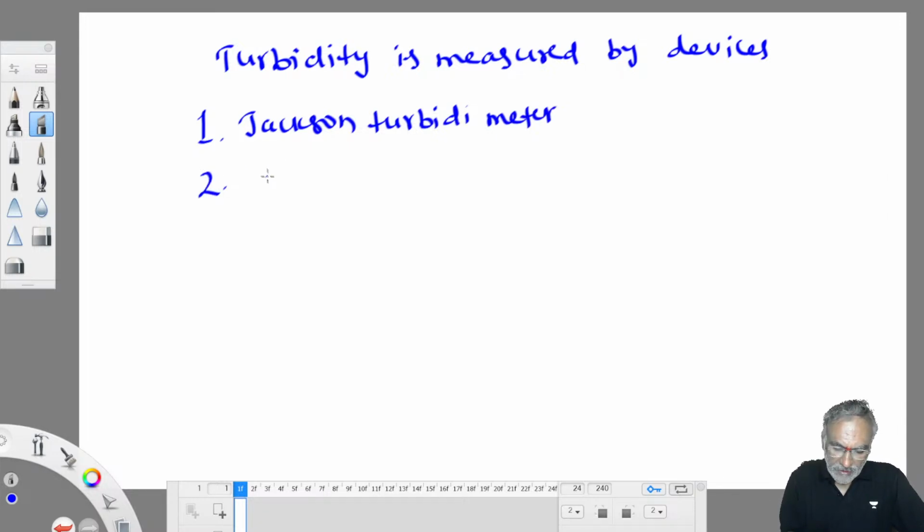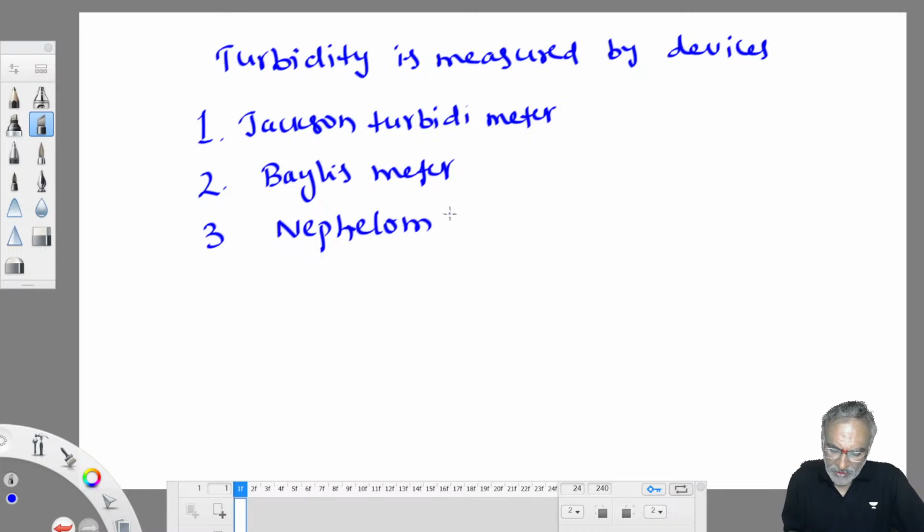Then Bailey's meter. And nephelometer. So many others are there in between also, but among them, the nephelometer is the most popular to measure turbidity.